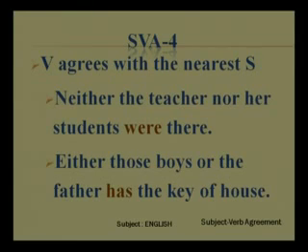Now here we are talking about the teacher, that is one subject, her students, that is the other subject. The teacher is singular, her students is plural, but the plural is the nearest subject to the verb, and that's why we have to use were.